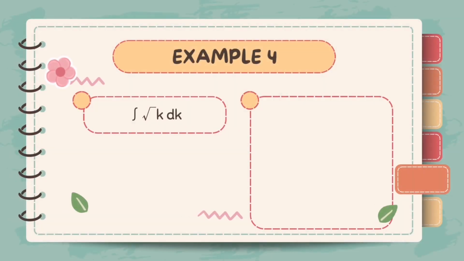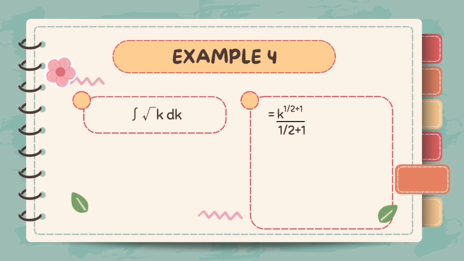Number 4. We have the integral of square root of k dk. So, the integral of square root of k dk is equal to k raised to 1/2 plus 1 over 1/2 plus 1 plus c. You may be wondering where 1/2 came from. As you can see, there is no more radical sign in our solution.